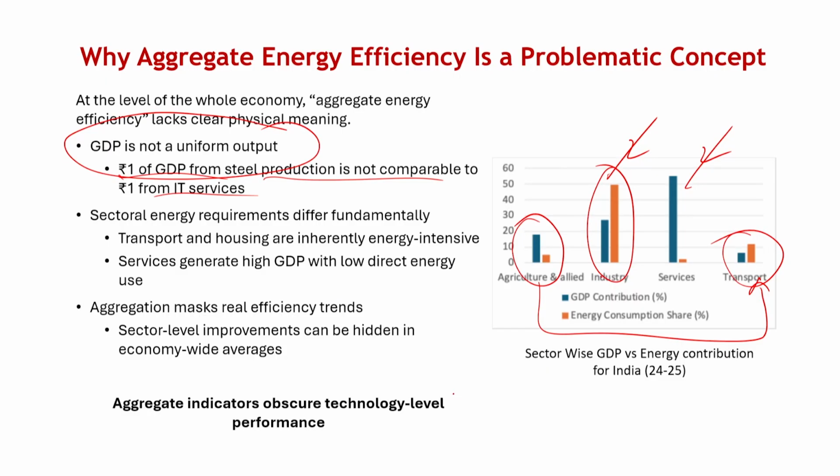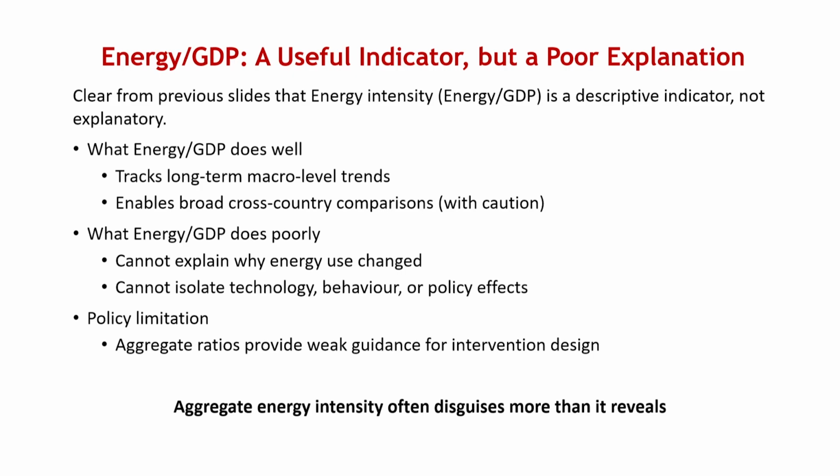So aggregated indicators obscure technology level performance, and that's why as we continue our discussion of efficiency, we will have to go into sectoral analysis to understand how things are evolving and changing.